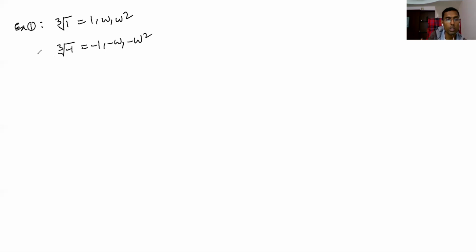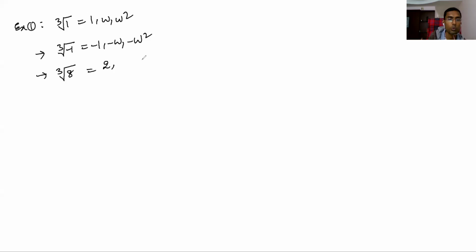And next, example. So cube roots of unity, you know, 1, omega, omega square. Cube roots of minus 1, I told you, are minus 1, minus omega, minus omega square. So very important to recognize this. Now cube roots of 8 are what?